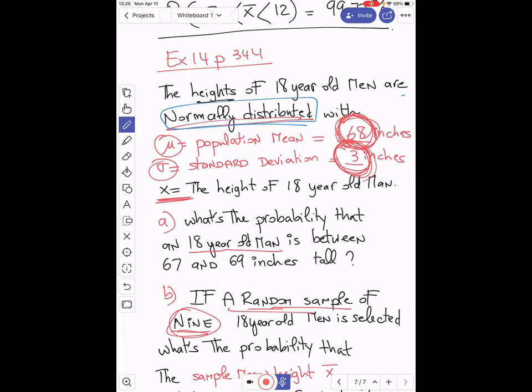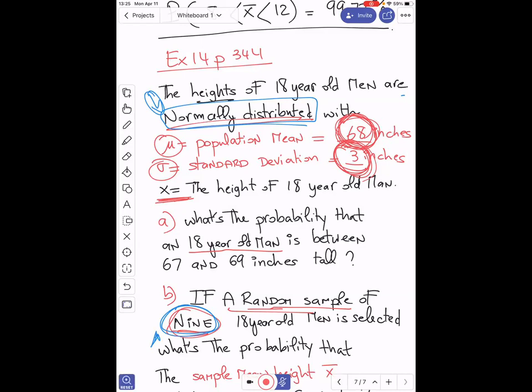So it doesn't matter if the size of the sample is less than 30. That's not a problem. If your variable X is not normally distributed, then you can only apply the theorem when your sample size is more than 30. Here it's okay because X is normally distributed.